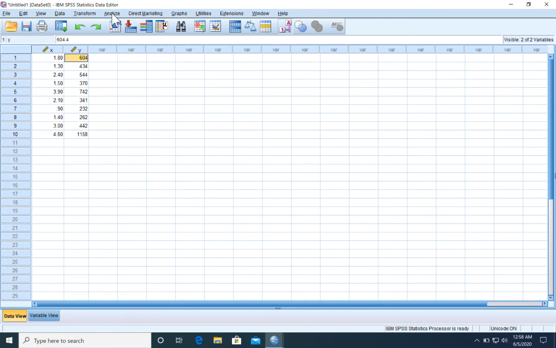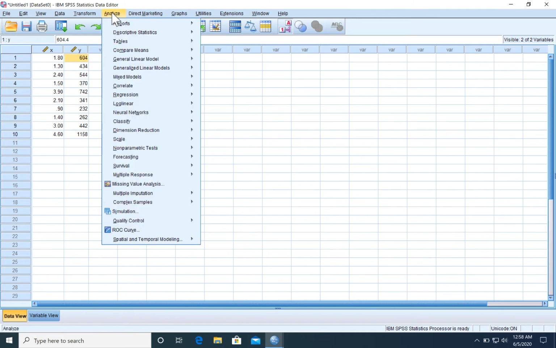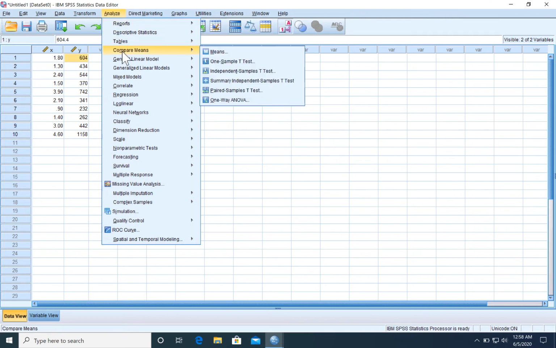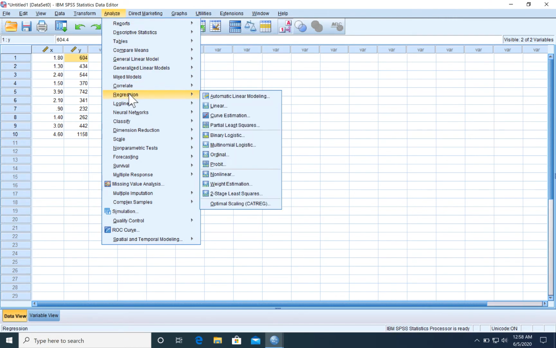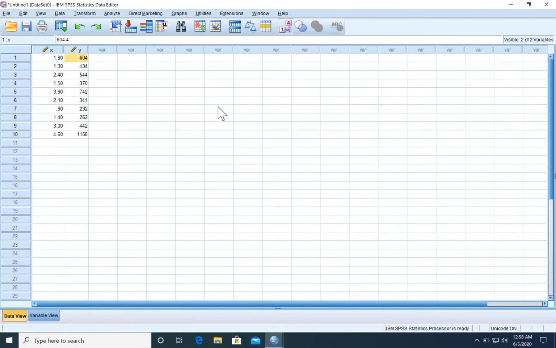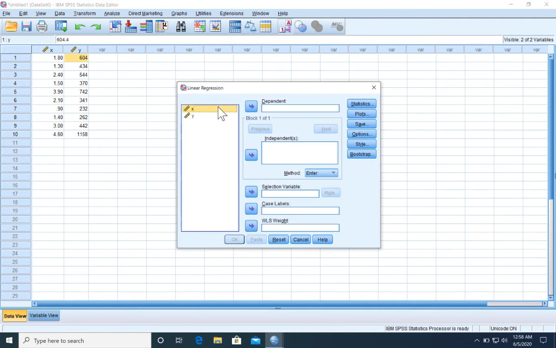We will go to Analyze. Now we have general linear model here and we have regression. For simple linear regression, let's just use the regression option. We go to linear, and it's asking us for dependent and independent variables.